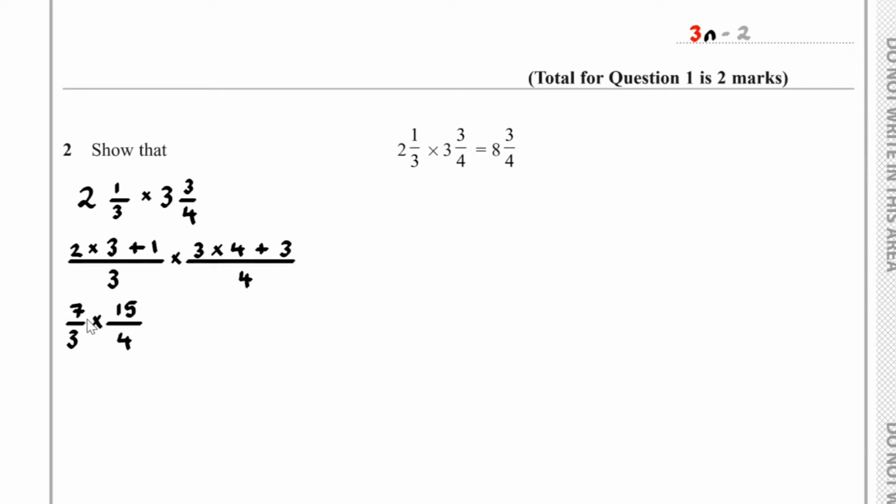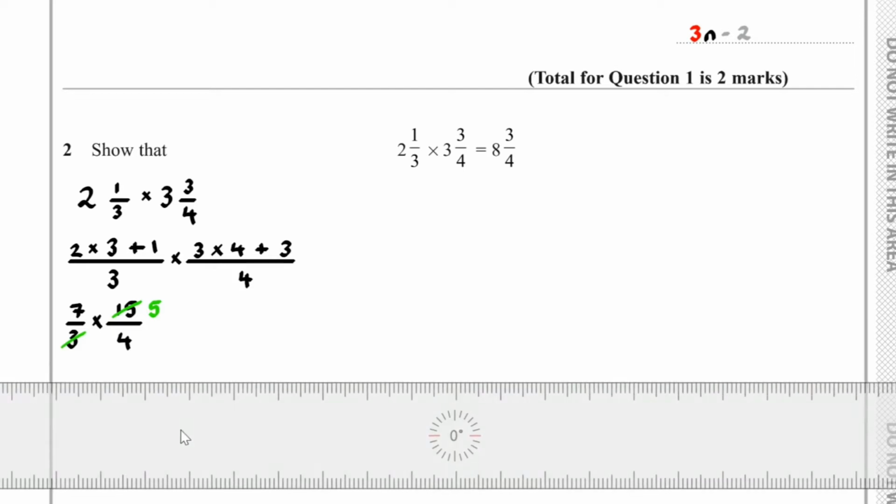So we have the calculation 7/3 multiplied by 15/4. Now, you will recognize that 15 divided by 3 is 5. So the result simplifies to 7 multiplied by 5/4.